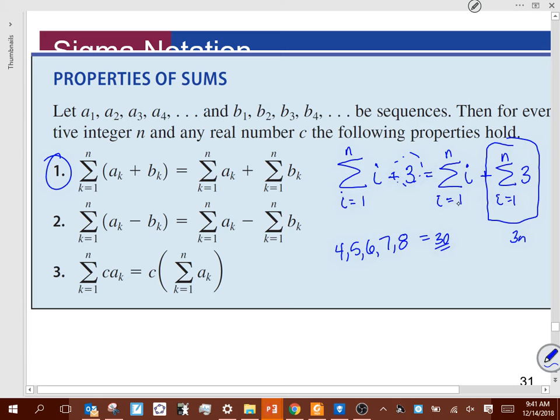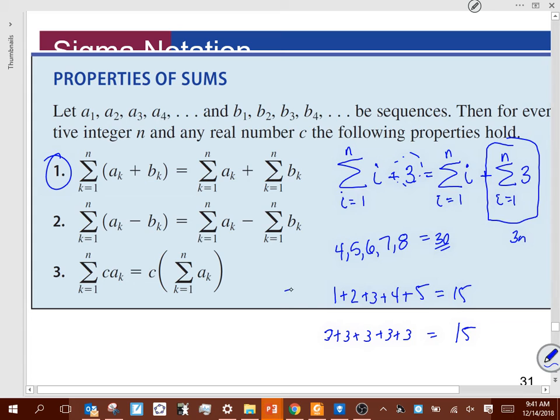Well, if I do this here, so that list there is going to be 5 terms. It'd be 1 plus 2 plus 3 plus 4 plus 5, right? If I look at that, that's going to be, so there's 6, 10, 15, right? And now look at this. So this here would be 3 plus 3 plus 3 plus 3 plus 3. What's that give me?